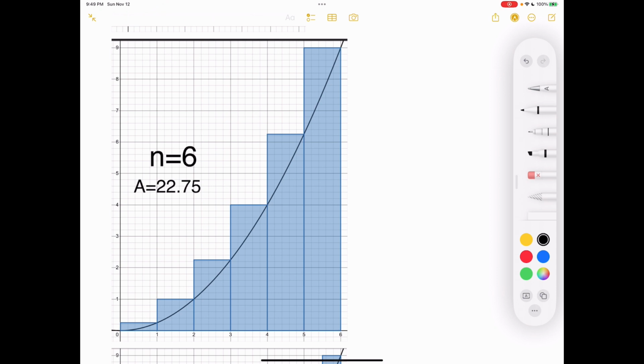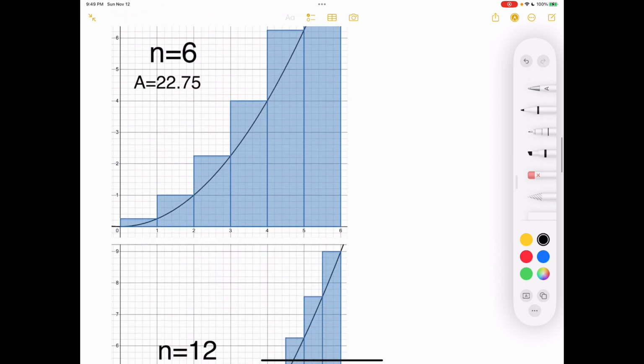And this is the area that you get when you sum the area of each one of those rectangles. So in this case, when n equals 6, we got 91/4 or 22.75. But what happens when we increase n to 12?